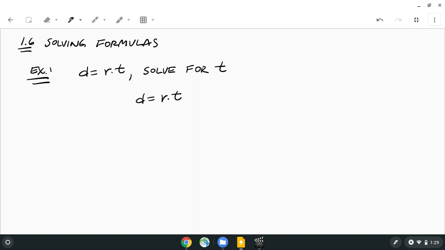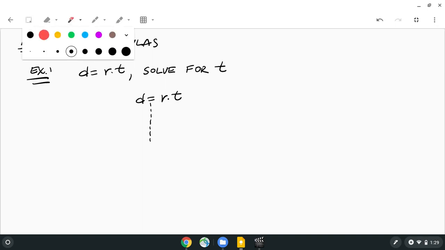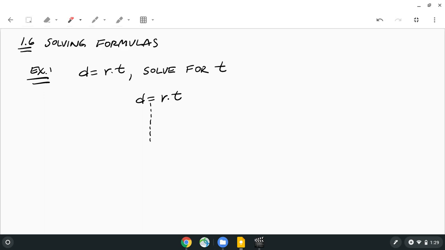Okay. No like terms, so everything's simplified. Here we want to get the T by itself. And again, the whole process is still the same. So that's multiplication by R. You can think of R as a number, that's fine. If that were a number, then we would have to divide by that number, right?